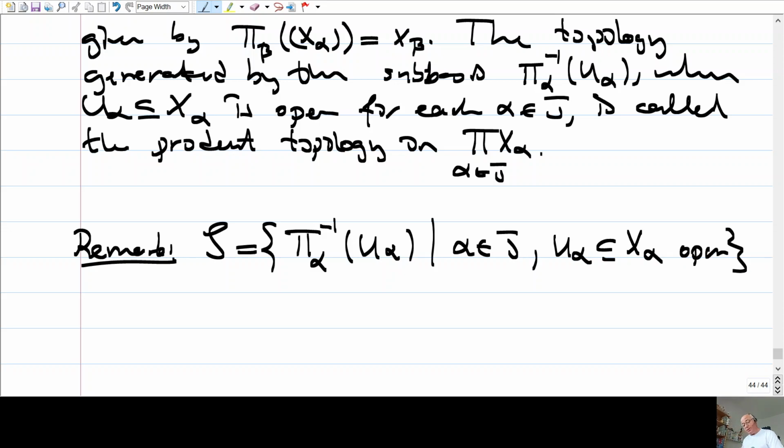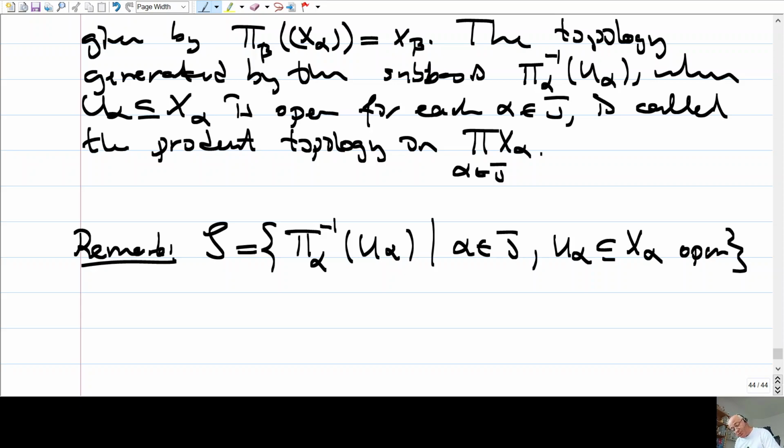So this is my sub-basis. For this to be a sub-basis, what was the condition? The union of these elements should cover everything. Well, of course, just take this gadget. This is just the product of all of them, right? So it covers everything. So this is clearly a sub-basis.